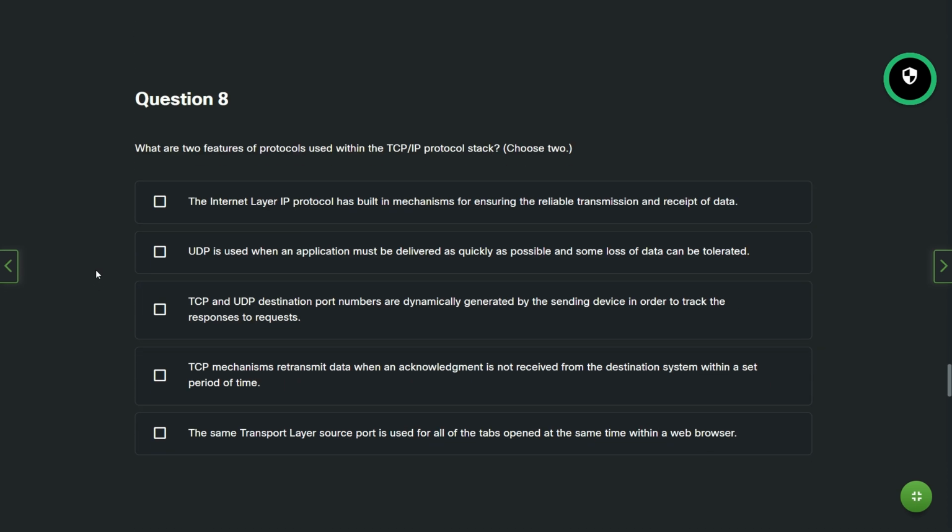Okay. What are two features of protocols used within the TCP/IP protocol stack? Choose two.